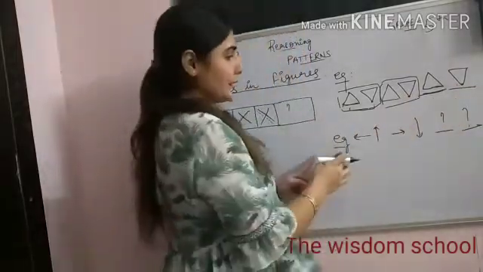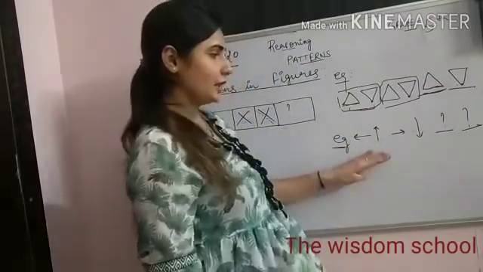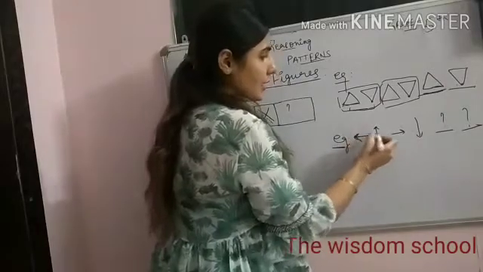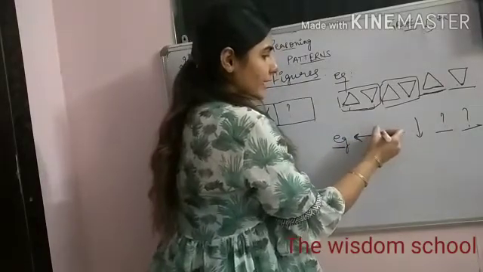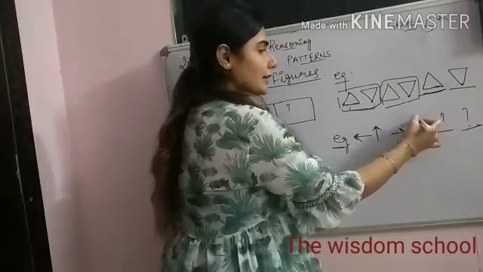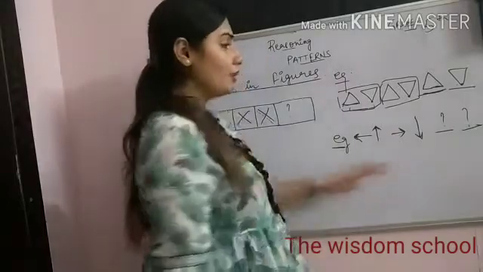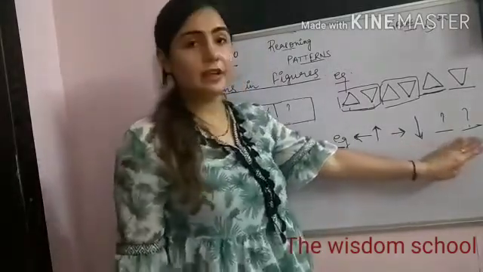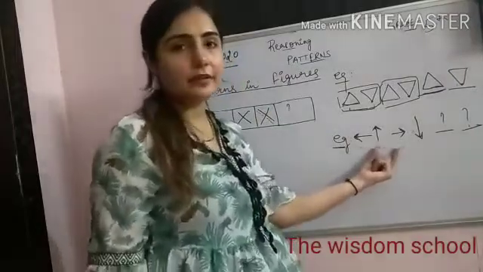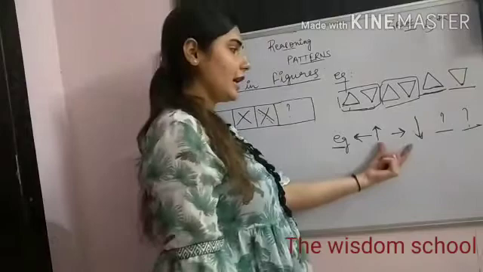Okay, in the next example, children, here I have taken the arrows. So this is the left side arrow, this is the upside arrow, this is the right side arrow and this is the downside arrow. Okay, now we have to find out what will come next. First of all, children, we will observe these given arrows.